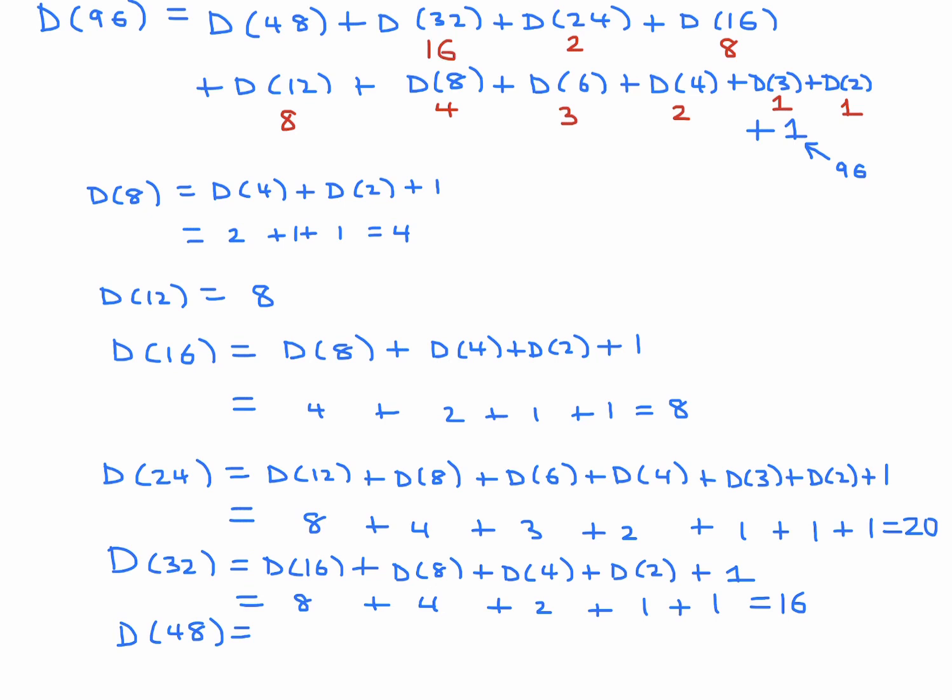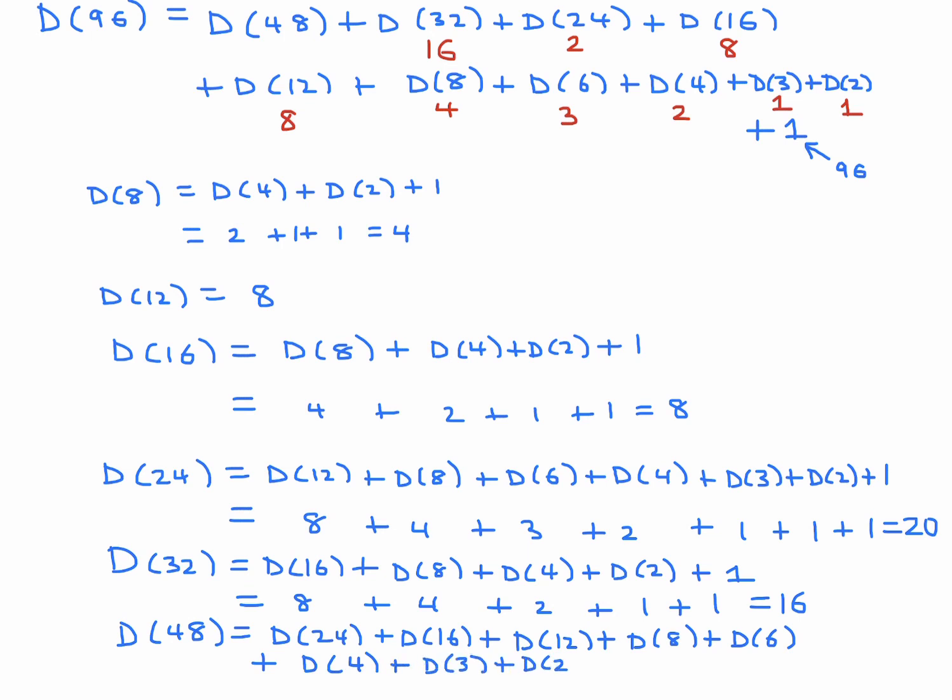And then I just have to figure out D48, which is going to be D24 plus D16 plus D12 plus D8 plus D6 plus D4 plus D3 plus D2, and then don't forget that 1 at the end.